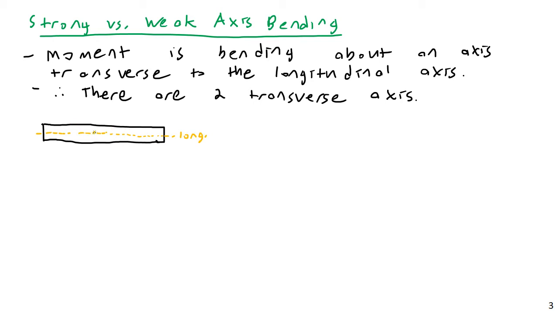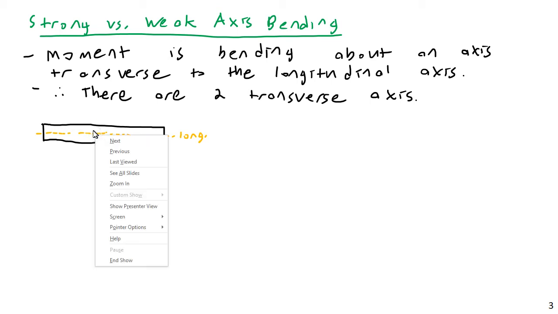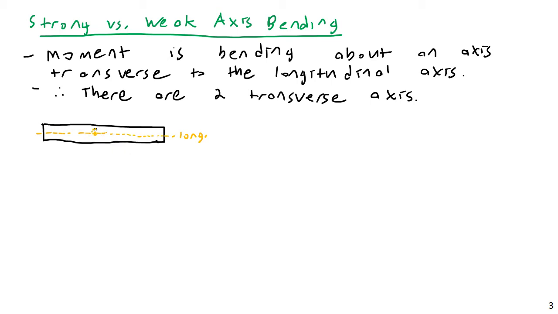And then into the page here, maybe I'll do the little dot with a circle around it to indicate into the page. This would be strong axis. And bending about this axis would be weak axis. At least generally.